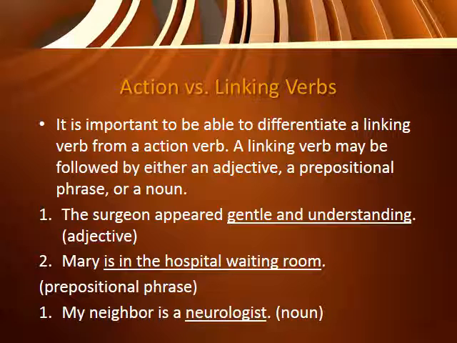"Is" is a linking verb, and that makes it a linking verb because it's followed directly by a prepositional phrase immediately after. My neighbor is a neurologist. "Is" is a linking verb here as well because it's linking neighbor and neurologist, and it's okay that neurologist is a noun. It doesn't necessarily have to be just an adjective or a prepositional phrase. It can also be a noun. That makes "is" a linking verb.